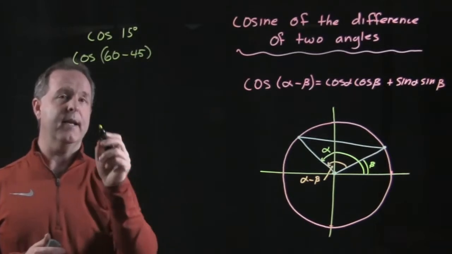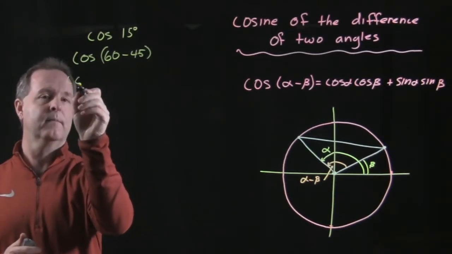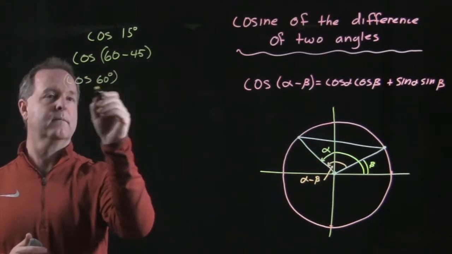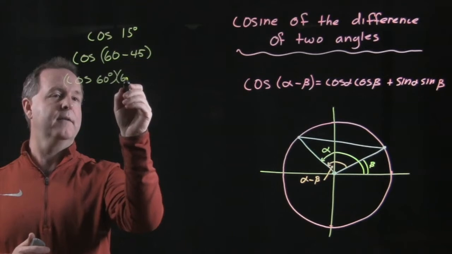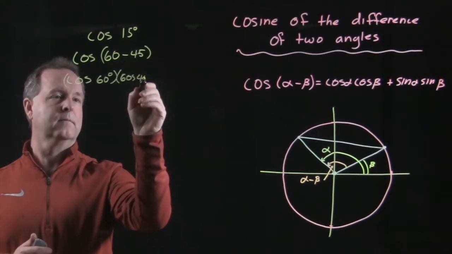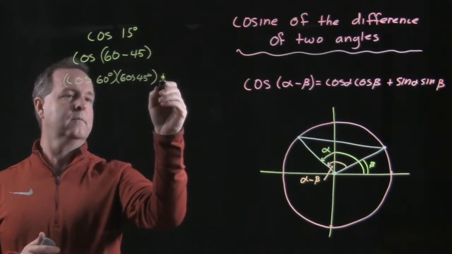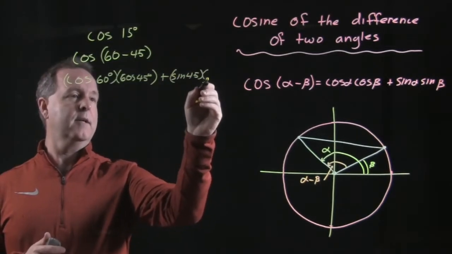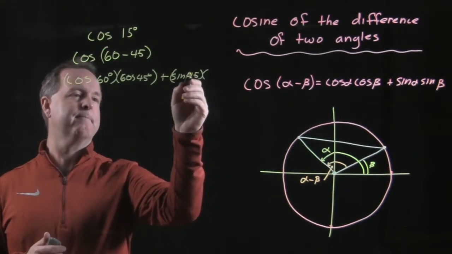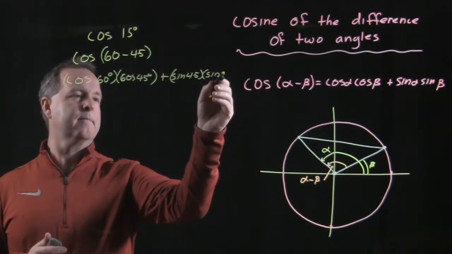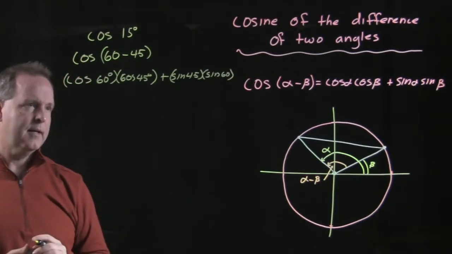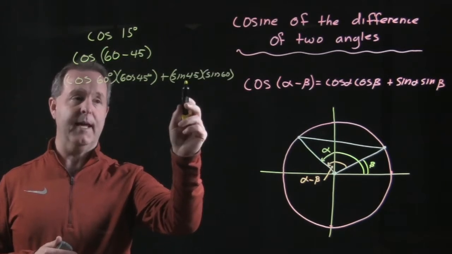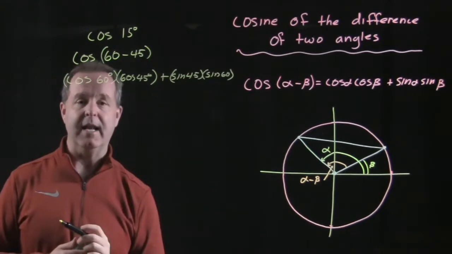So what does that look like? Well, you use the identity, which says first a cosine of 60 degrees times the cosine of 45, plus the sine of 45 times the sine of 60. It doesn't matter because of the commutative property of multiplication, that I can multiply those in any order.